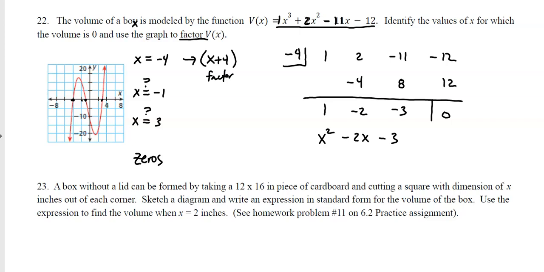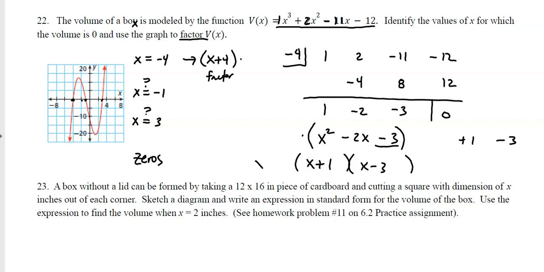All right? So this is like another piece. So right now, I know that this times this gives me the volume. But I think I can break this down even further. I think I can factor this out because I can find 2 numbers that multiply together to make negative 3, but add to make negative 2. Right there is a good combination. So it looks like I have all 3 factors.